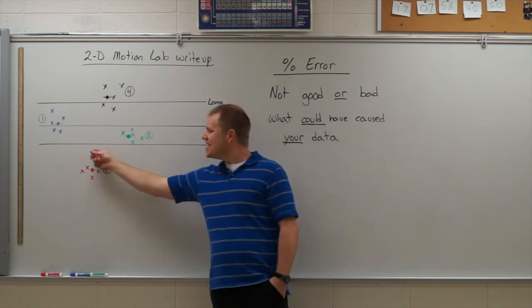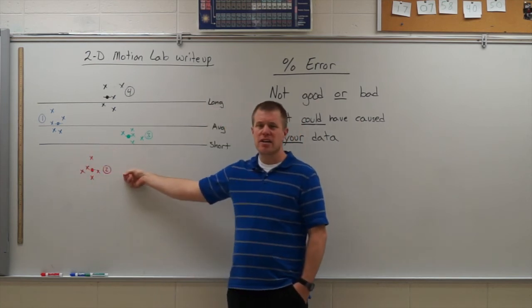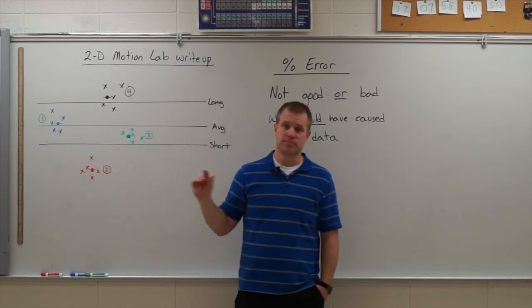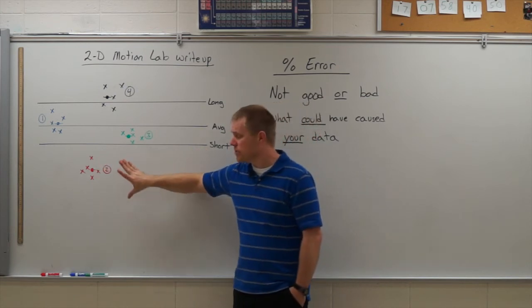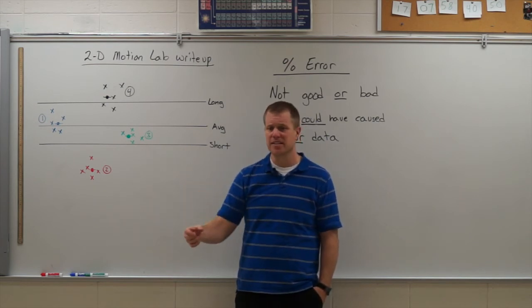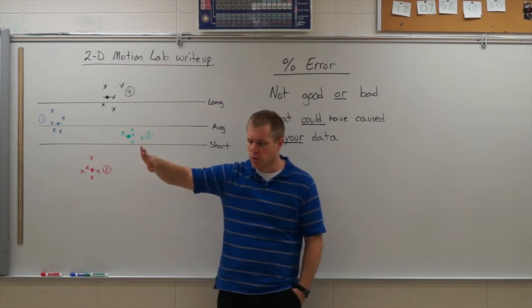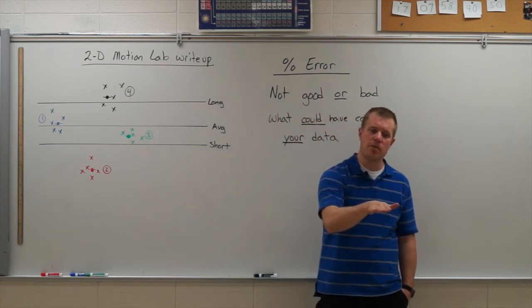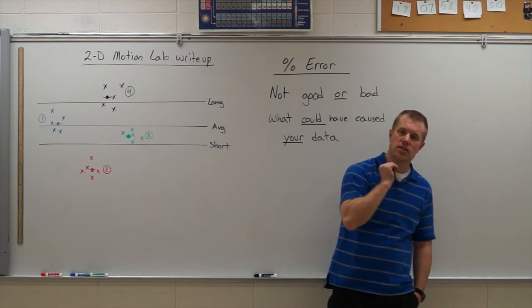But if you're consistently landing short, that could mean that when you did your second set, and this would be a poor lab procedure, you could be dropping it at a lower height every time the second time around, and therefore a lower height would give it a lower velocity or a slower speed across the table, and then it would be landing short.